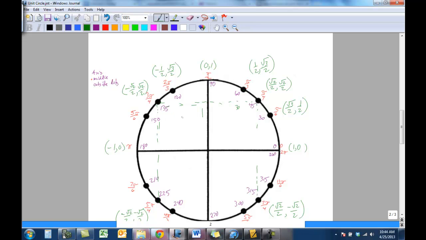This one's the same height as our 30 degrees, right? So it's the same point as this one, except with quadrant 2 sensibilities. So this is negative √3 divided by 2, 1/2.